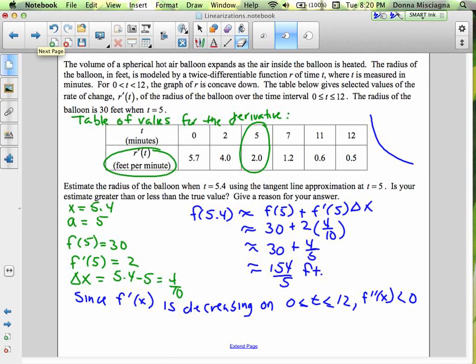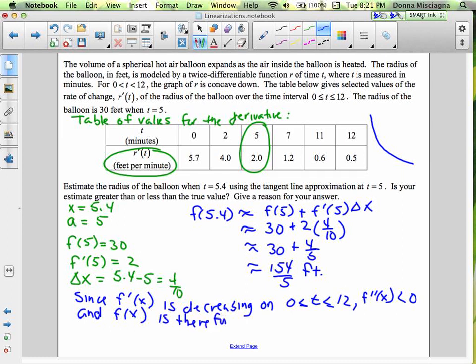And if the second derivative is negative, then the function has to be concave down. Let me make sure my sentence makes sense. Since f prime of x is decreasing on t equals 0 to 12 seconds, f double prime of x is going to be negative, and f of x is therefore concave down.